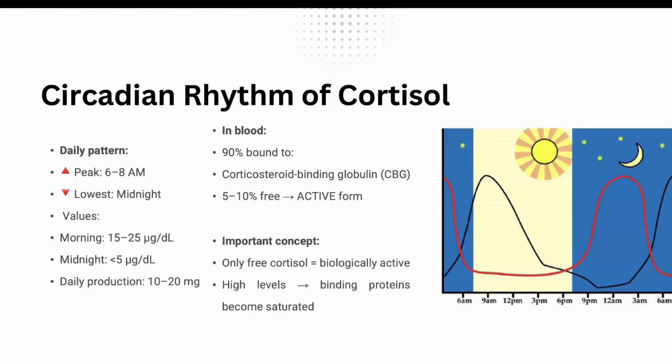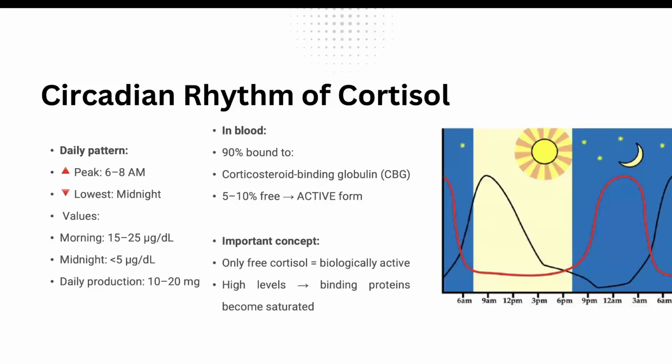According to the references, the peak level of the cortisol is in the morning, between 6 and 8 a.m. After 8 a.m., the cortisol level will decline until we reach midnight. At midnight, the level of cortisol is the lowest.